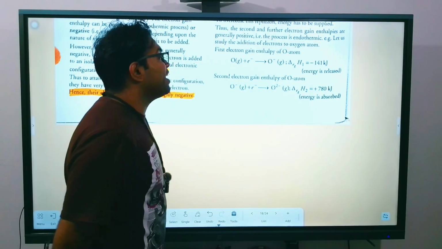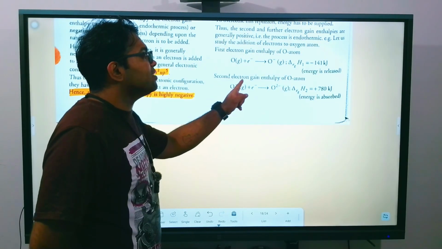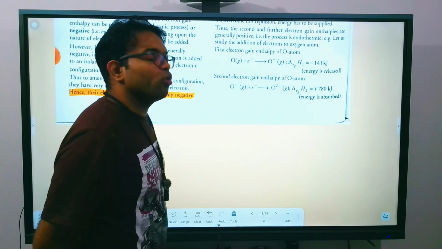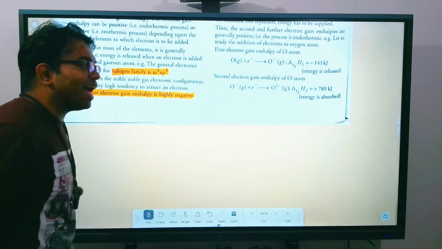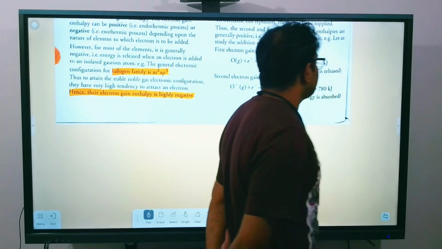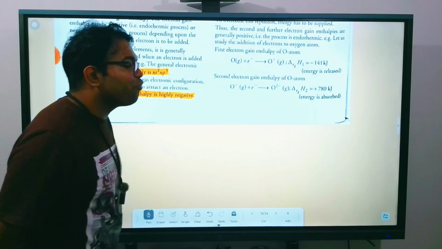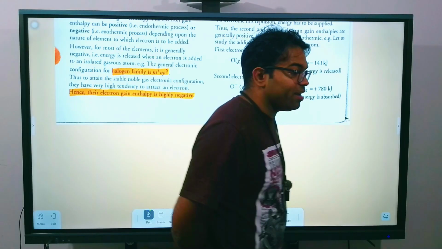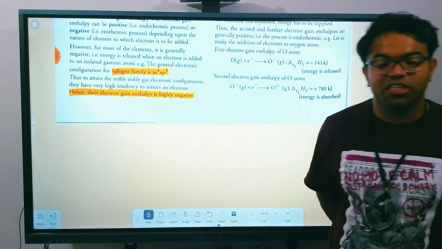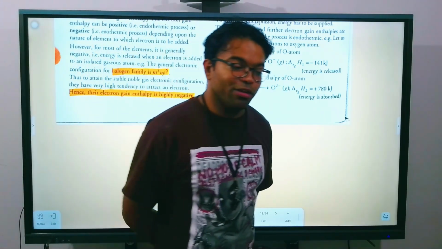Now for the second electron gain, you have O minus and you're adding an electron to it to get O2 minus, and the enthalpy has become positive. You have 780 kilojoules of energy that has to be added. So for the first, energy got released, an amount equivalent to 141 kilojoules per mole.